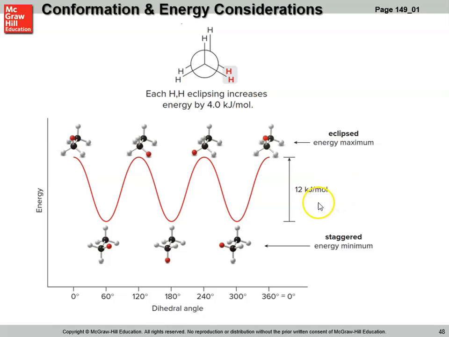There's a 12 kilojoule per mole energy difference between these different conformations, and that will dictate that most of the time, because they are more stable and lower energy, these molecules are going to be in this conformation.